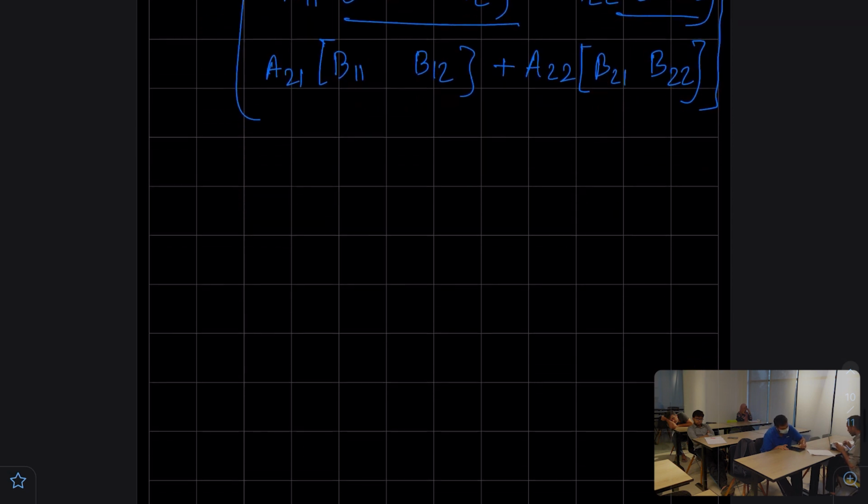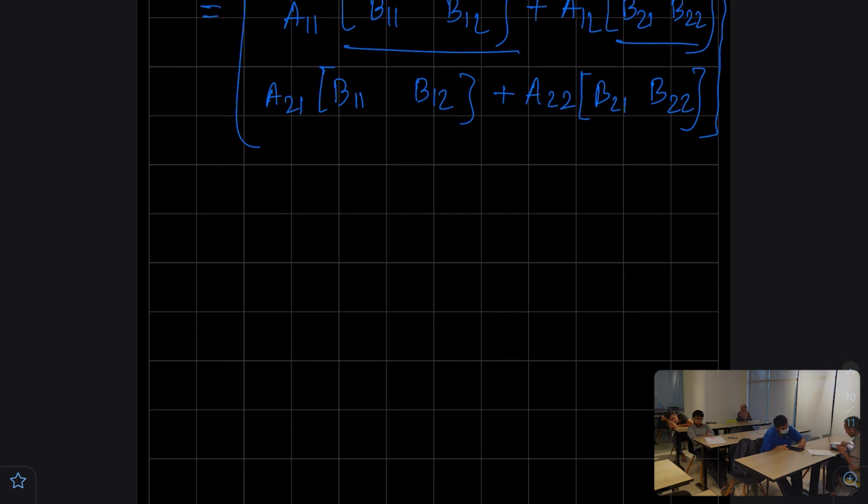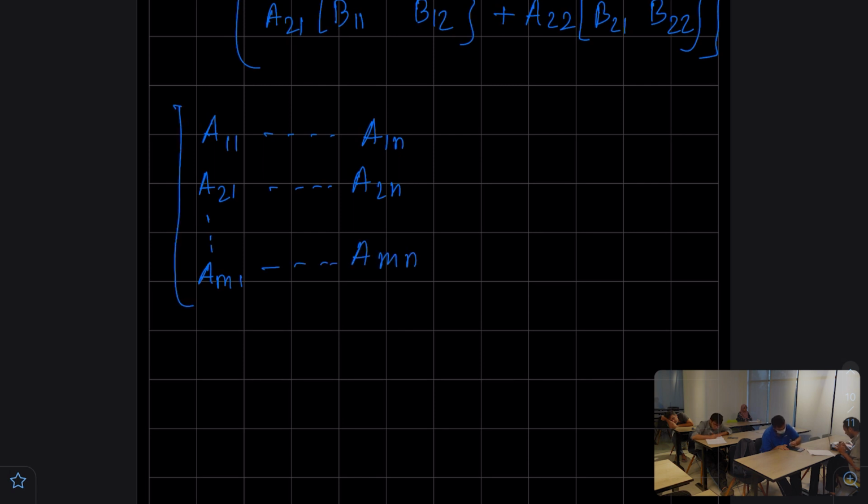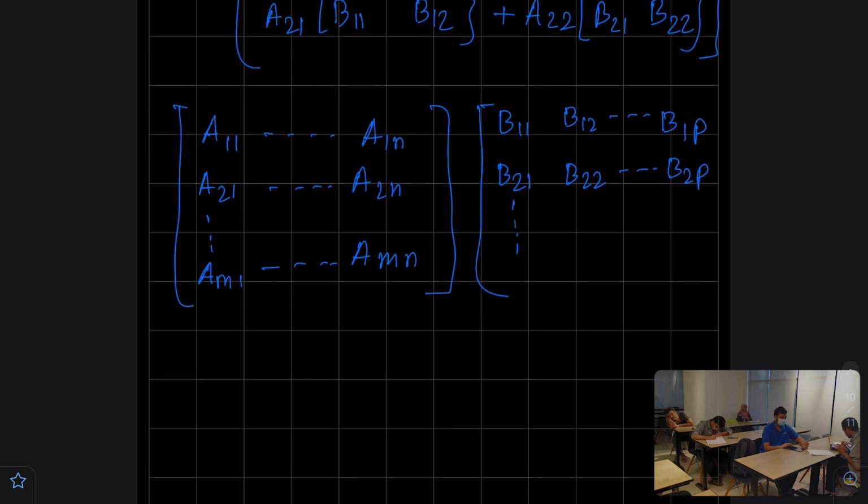Okay, so in general, for an arbitrary matrix, when the matrix multiplication makes sense, I can write A11 dot dot A1n, A21 dot dot A2n, AM1 dot dot AMN, times B11, B12 dot dot B1P, B21, B22 dot dot B2P, BN1, BN2 dot dot BNP.